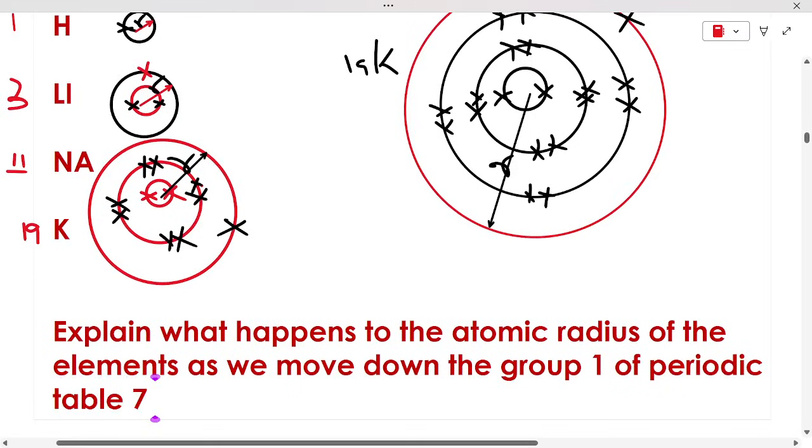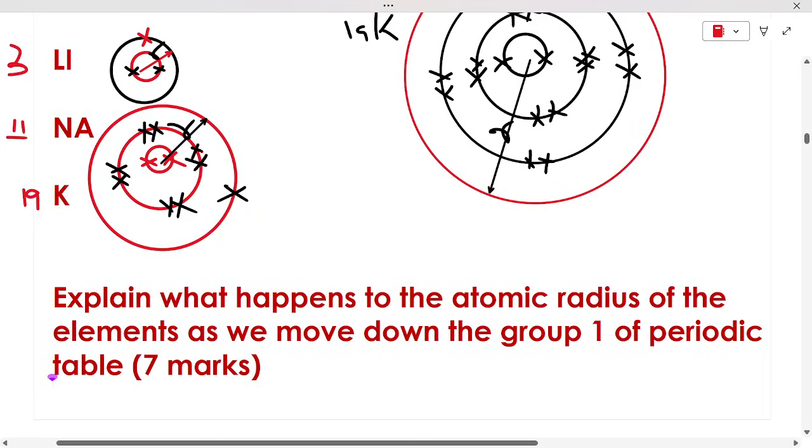It's 7 marks. So, explain what happens to the atomic radius of the elements as we move down group 1 of the periodic table. Yes, 7 marks.